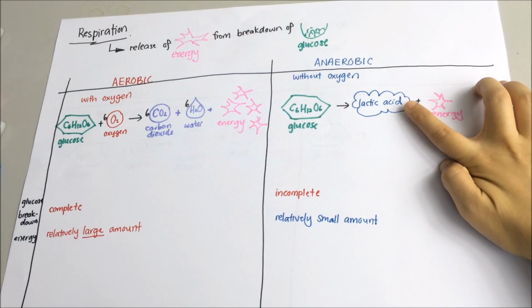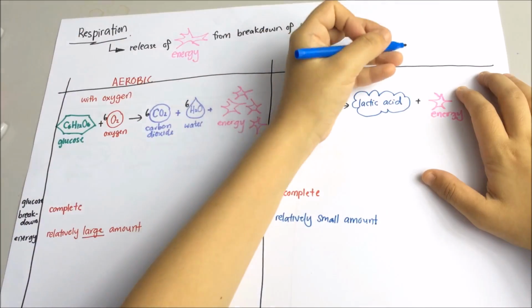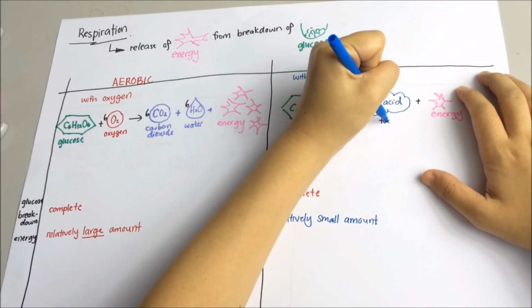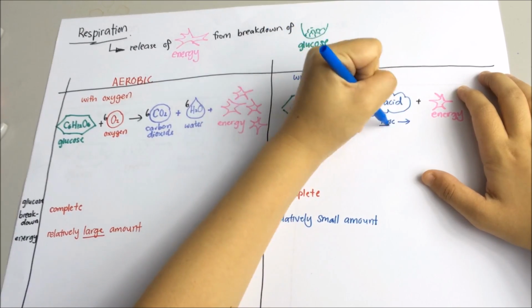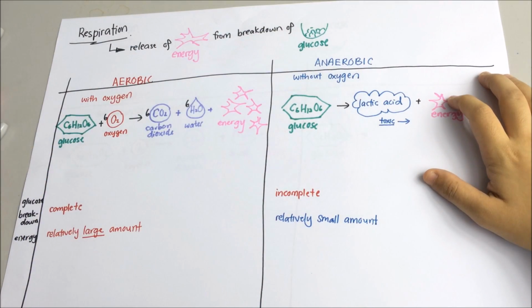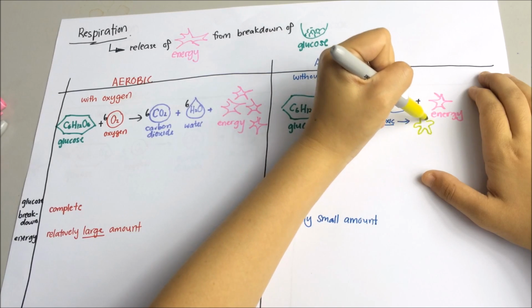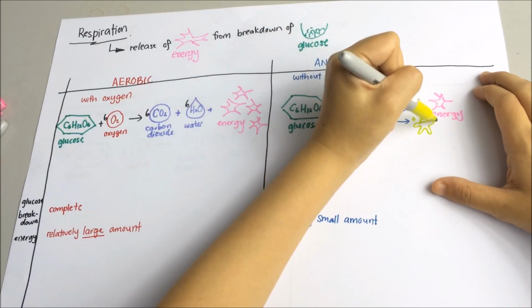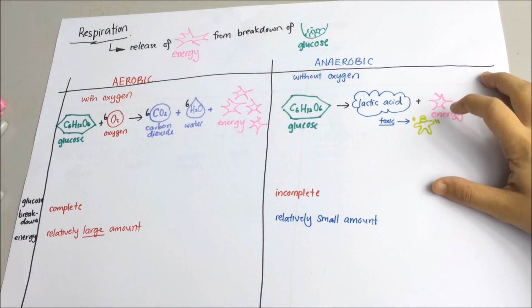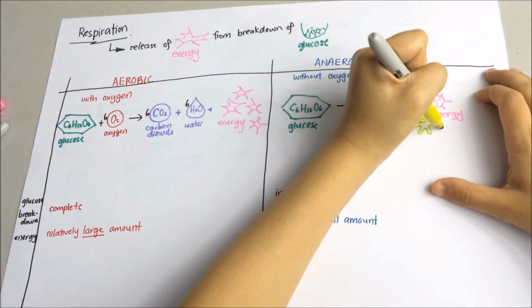Remember, the waste product of anaerobic respiration is lactic acid rather than carbon dioxide and water. This lactic acid is toxic to your body. That's what makes you feel muscle cramps and fatigue. That's why lactic acid needs to be oxidized to carbon dioxide and water later.